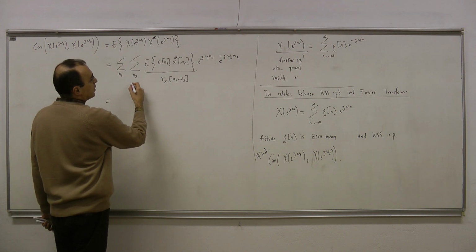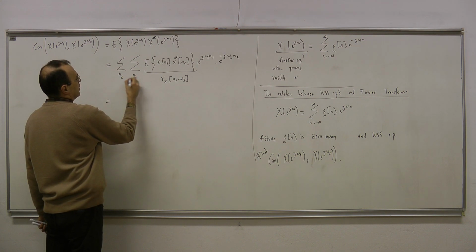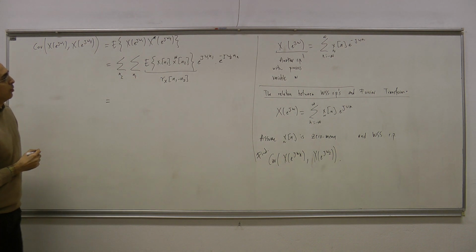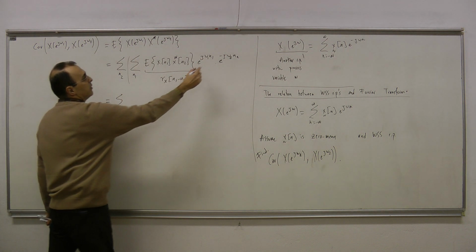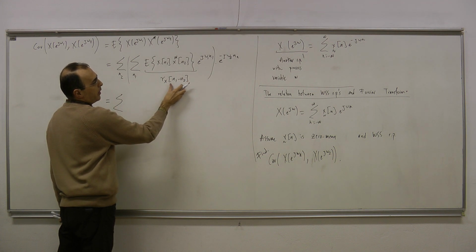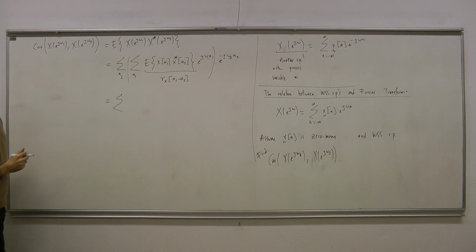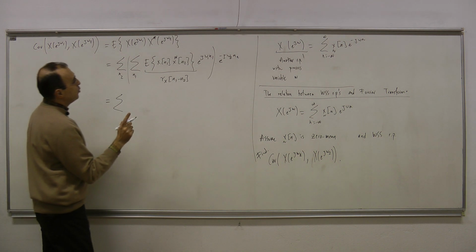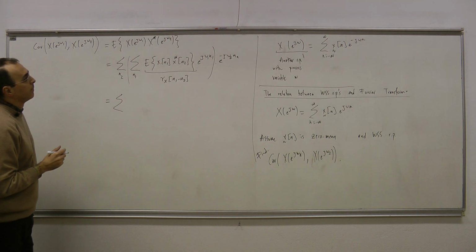Now, how about this one? Let me change this, it doesn't matter that much, n1, n2. Now, let me calculate this bracket. This is the Fourier transform of Rx of something, and I'm taking its Fourier transform with respect to what? So this is from n1 to omega 1, isn't it?